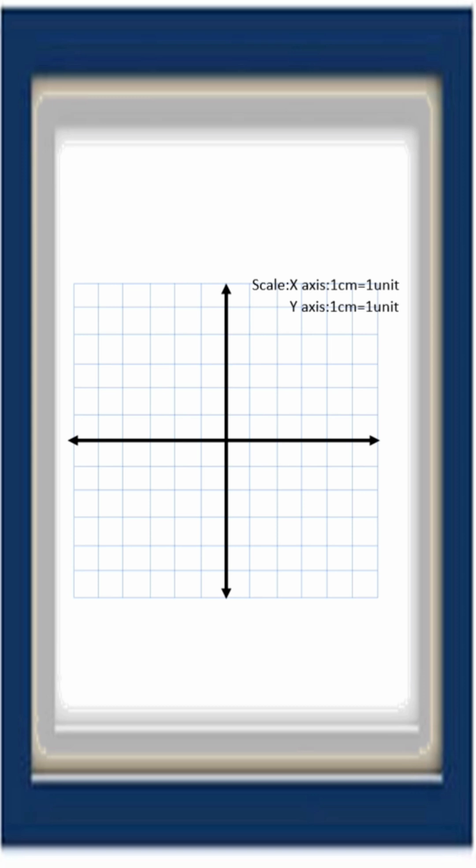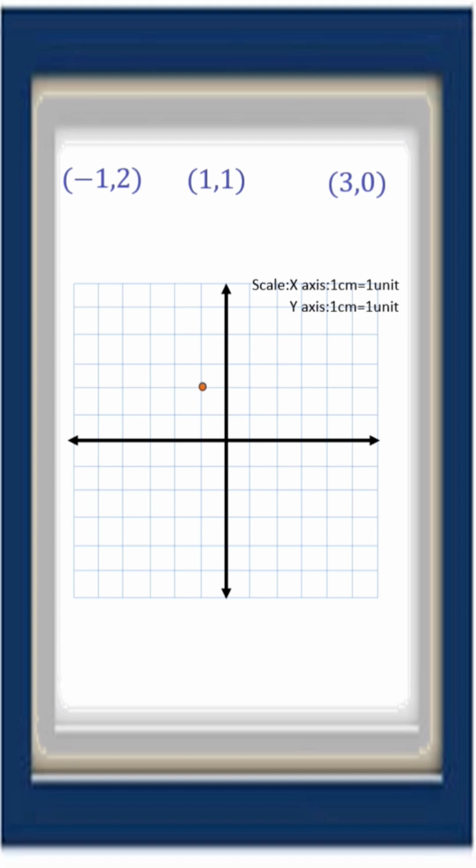Now let us take a graph sheet and the scale is also written. 1 centimeter is equal to 1 unit in x-axis. In y-axis also 1 centimeter is equal to 1 unit. These are the values for x and y for the first equation. Minus 1, 2.